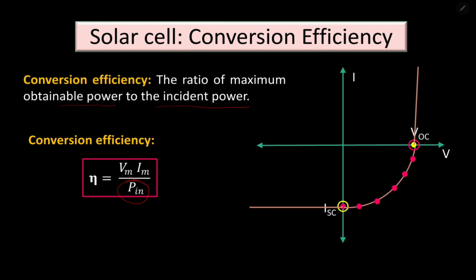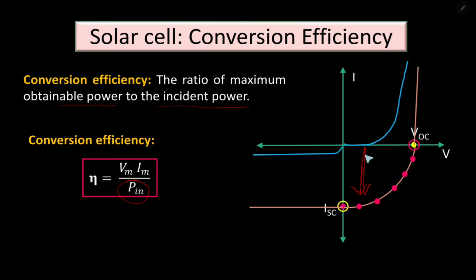But coming to the VI characteristics of normal PN junction diode, this is the forward bias condition and this is our reverse bias condition. So here you can see that this is somewhat like this, and the curve is now shifted downward, and this amount of shifting depends on the amount of incident light energy.